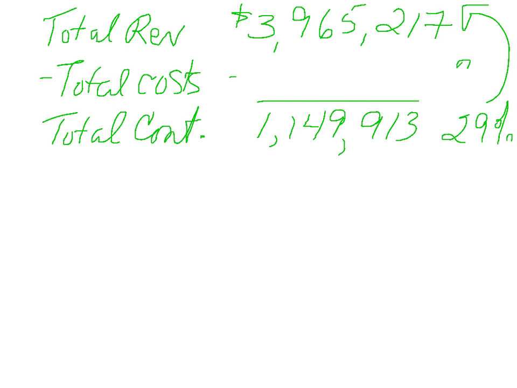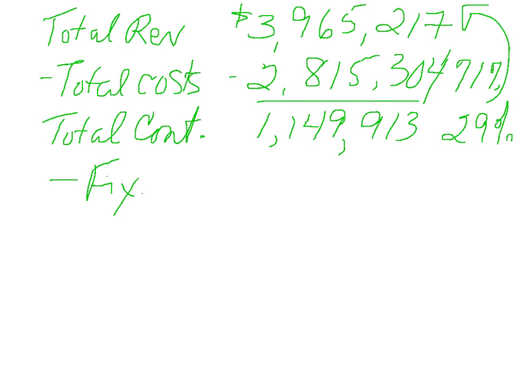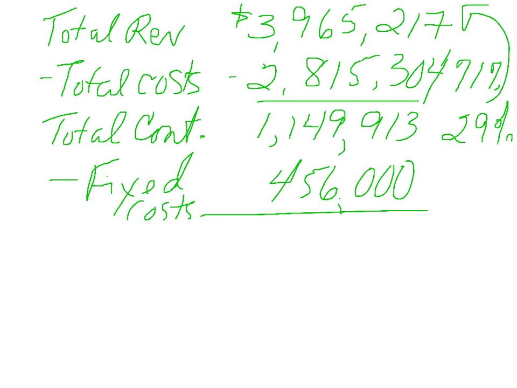Total cost, therefore, has to be 71%, or the difference between these two numbers, at 2,815,304. From total contribution, we take away our fixed costs, which in this case we knew were 456,000.